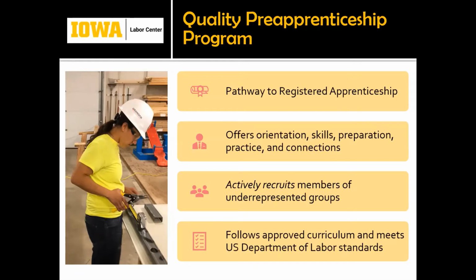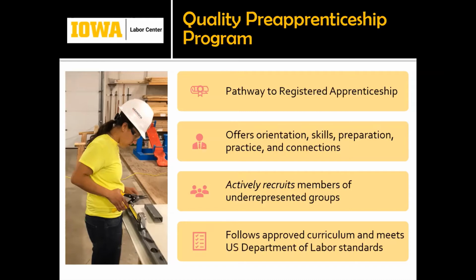But we let anybody that wants a career in the trades and could use help in getting into an apprenticeship program. We don't discriminate in the program itself, but we're actively trying to recruit people that are underrepresented to help diversify the trades.